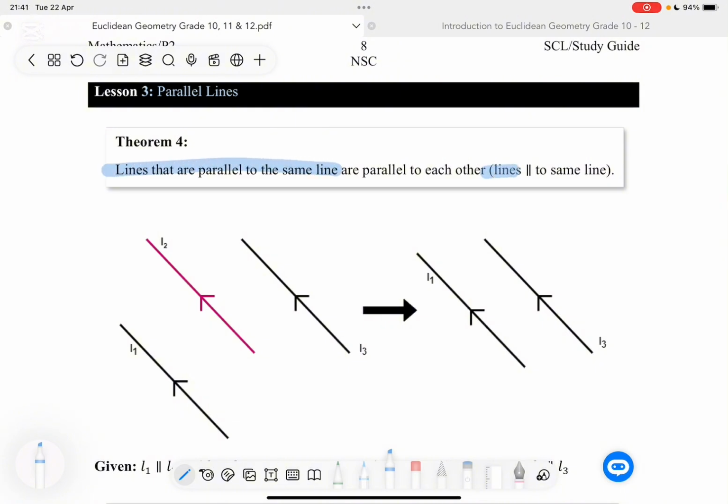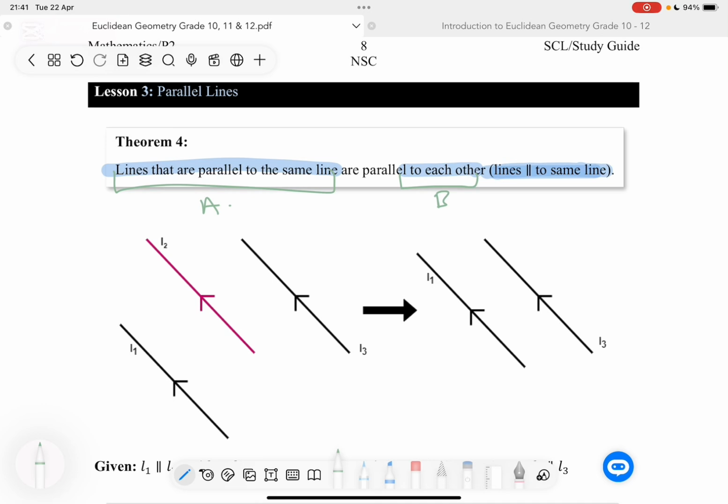Hence, our short version of the theorem quotes exactly that statement: lines parallel to the same line. That is the A part, like our given information, what we know in this theorem. Then the conclusion here is that these lines will be parallel to each other. That's what we conclude, and we call that part B of the theorem.